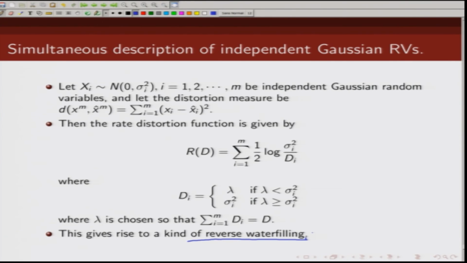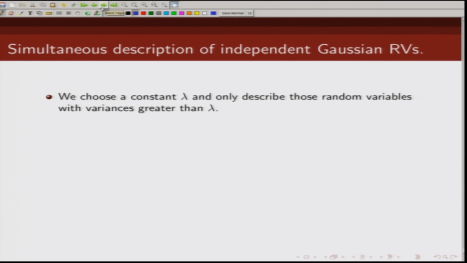In the case of the parallel Gaussian channel, we saw how we were allocating power. It was like putting water when you have various noise levels. Here it is a little different. Here we choose a constant lambda and we only describe those random variables which have variance greater than lambda.